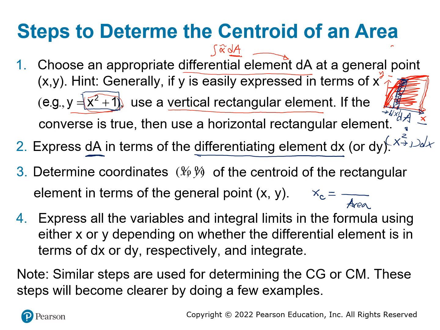On top of that is the integration of x squared plus 1 dx. That is how you find the centroid for an area. Similar steps can be used if you want to find the center of mass or center of gravity.